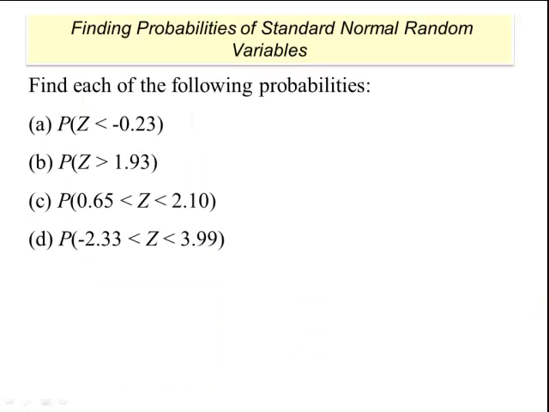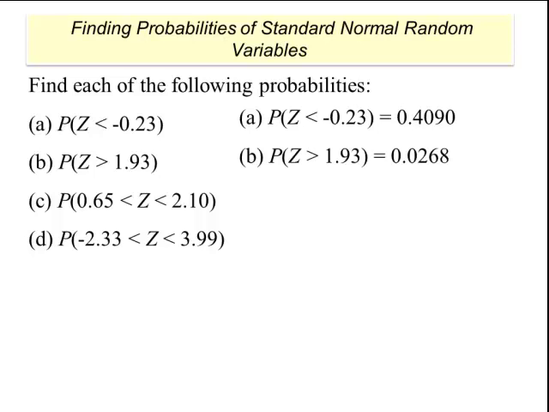So here's some practice problems. Find the probability that z is less than negative 0.23. The answer is 0.4090. Part B, find the probability that z is greater than 1.93. The answer is 0.0268.